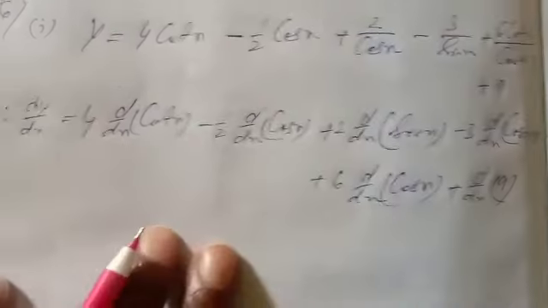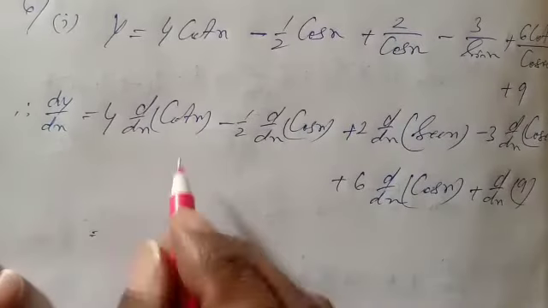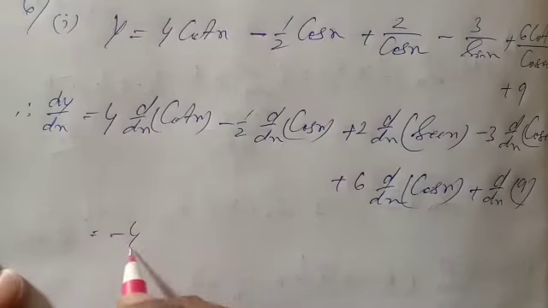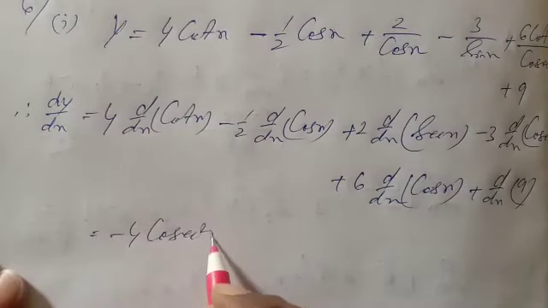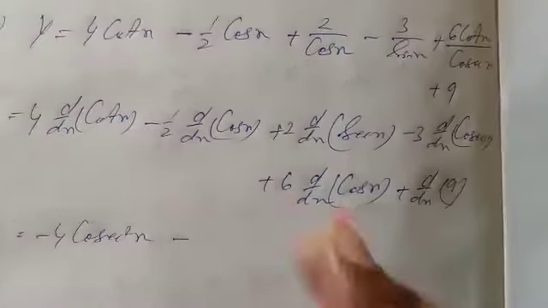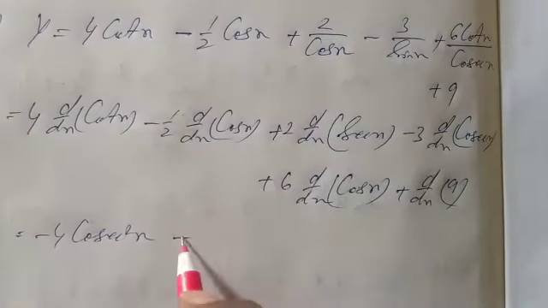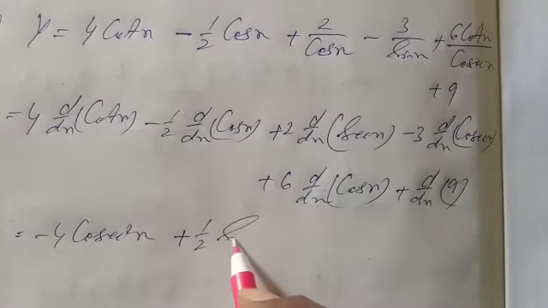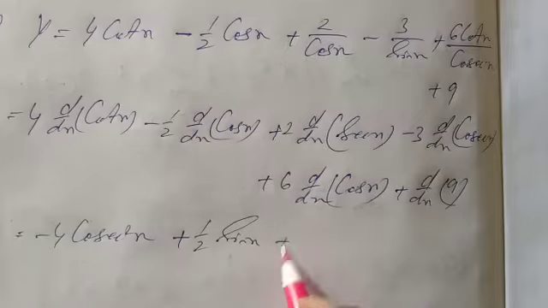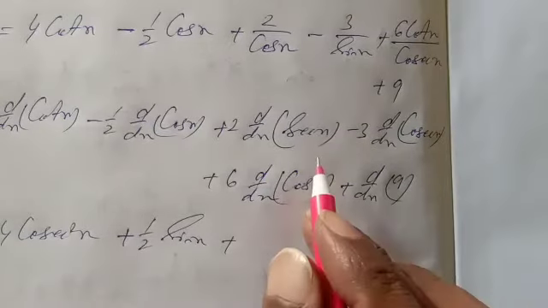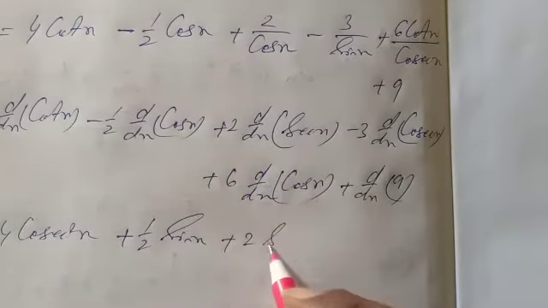Now tell the answer one by one. The derivative of cot x is minus cosec square. This will be minus 4 cosec square x. The derivative of cos x will be minus sin x. This will be plus half sin x. The sec x derivative will be sec x into tan x.